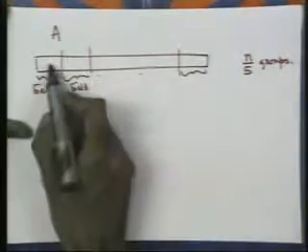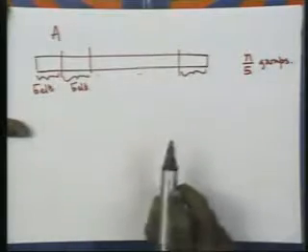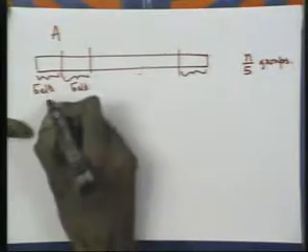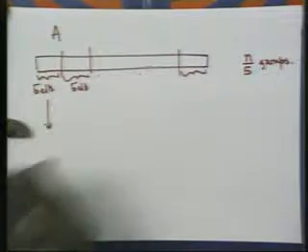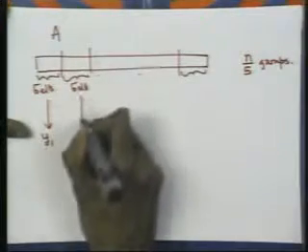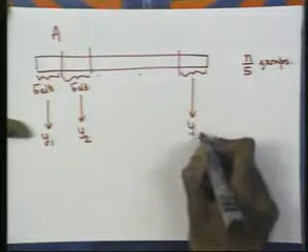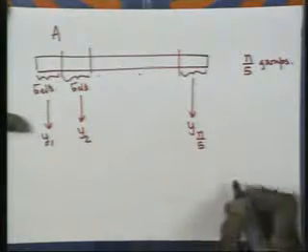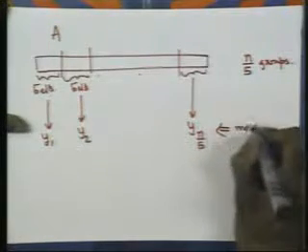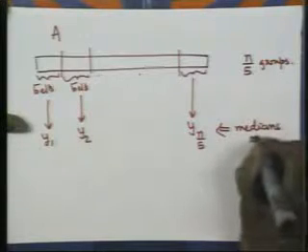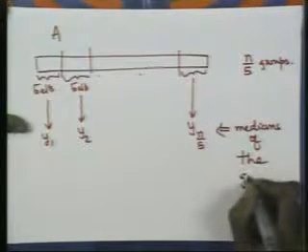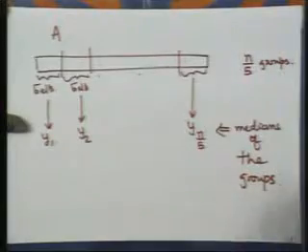Now, find the median of these 5 elements. This will give me some median y1. The next will give me some median y2, and the last one will give me some median y n by 5. These are the medians of the groups. There are n by 5 groups, each consisting of 5 elements, and this is the median of these groups.